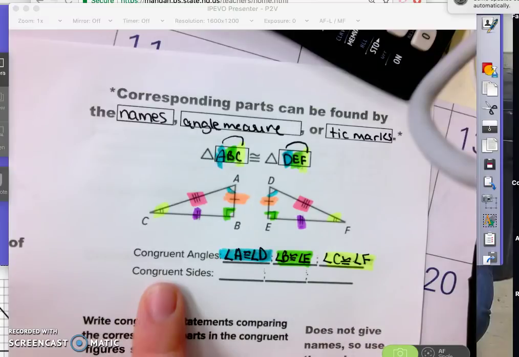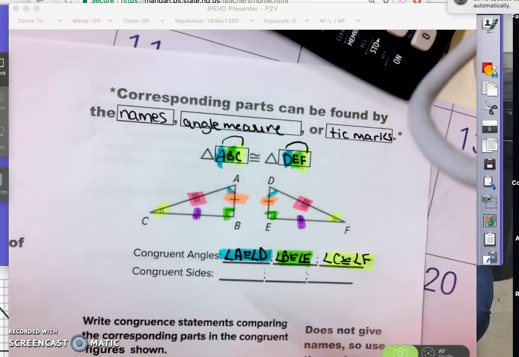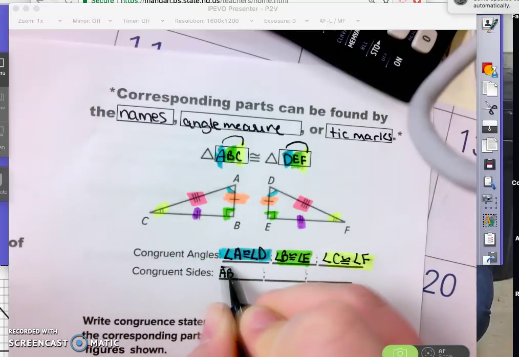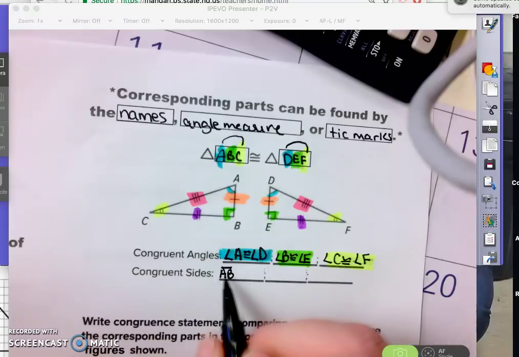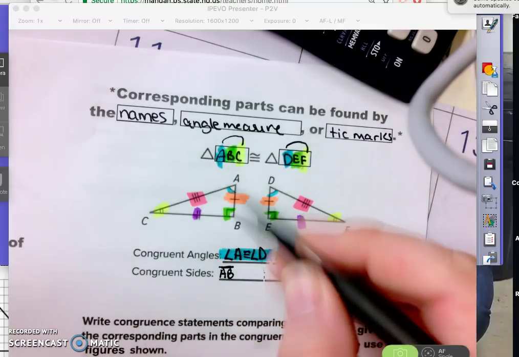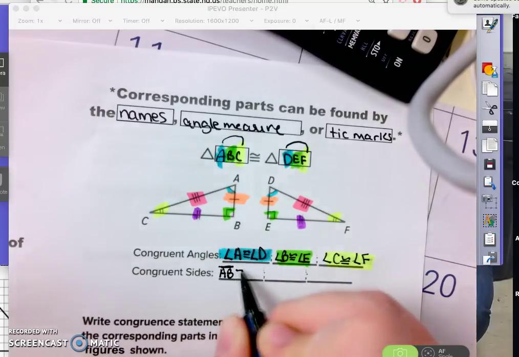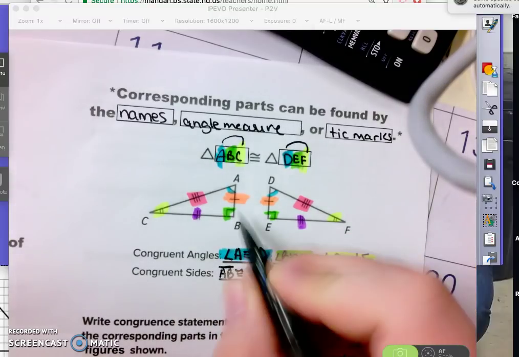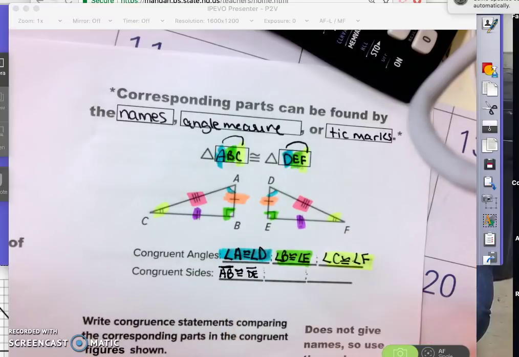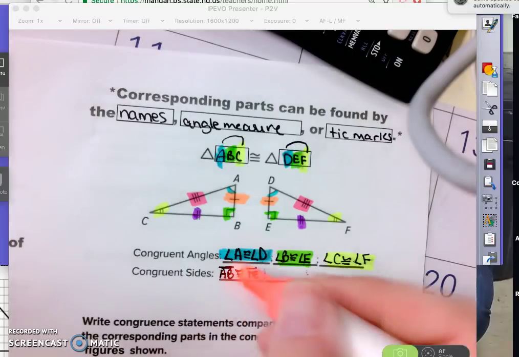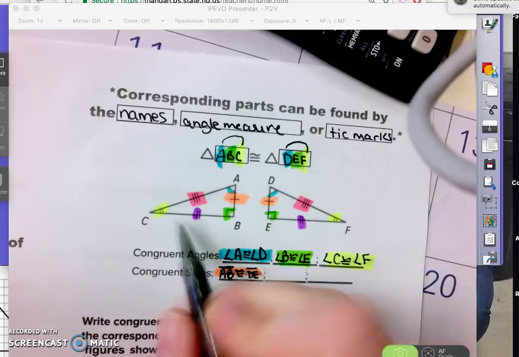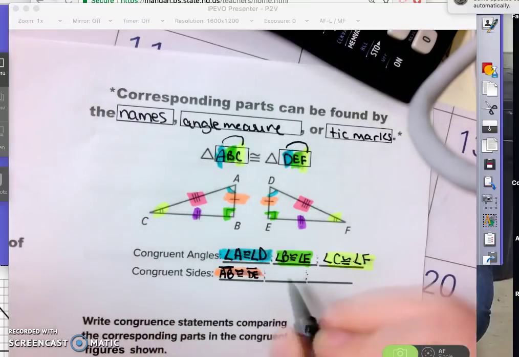Okay, now congruent sides. Our pink one, and we can start with side AB. By doing that, we're going to draw a line over it. So line segment AB is congruent to the other orange, which is DE. And that's my orange side. Okay, and then we'll go to the pink.